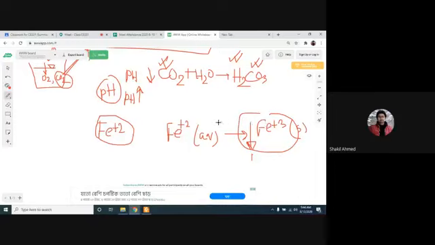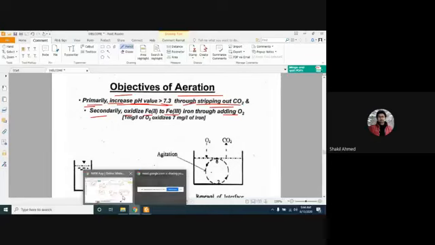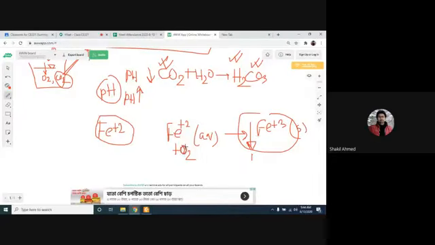So for iron removal, this process of oxidation from ferrous, if you can oxidize it using an oxidizing agent to ferric, then you can remove it. So if you can do the aeration, then you can achieve iron removal.